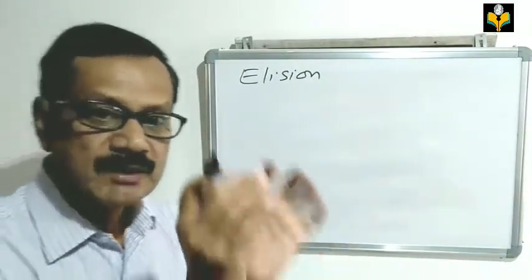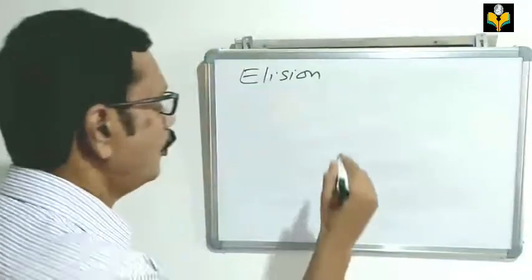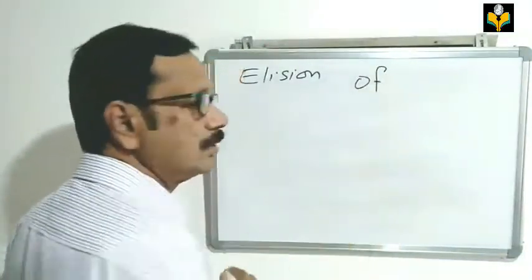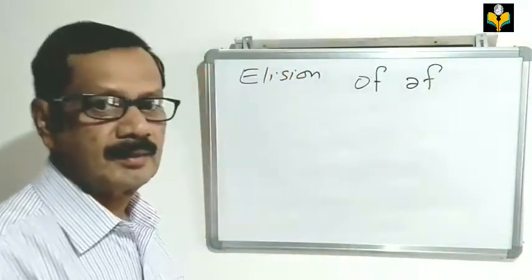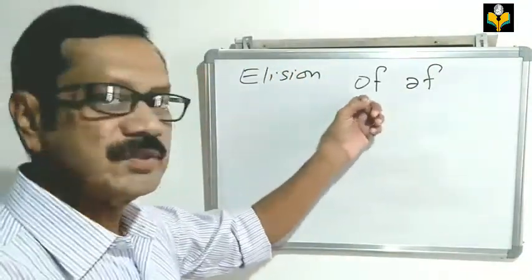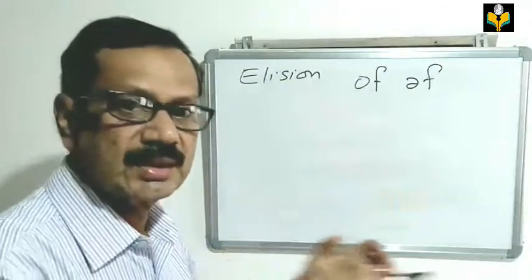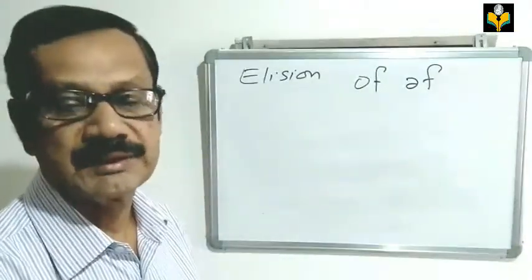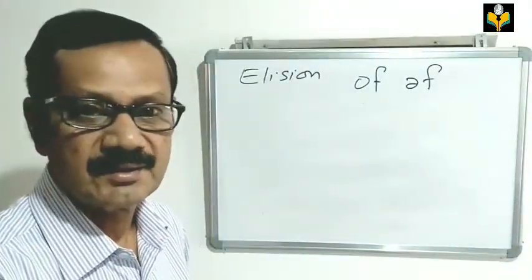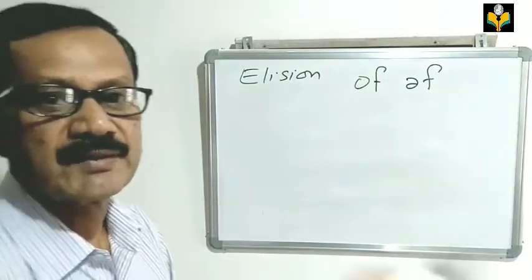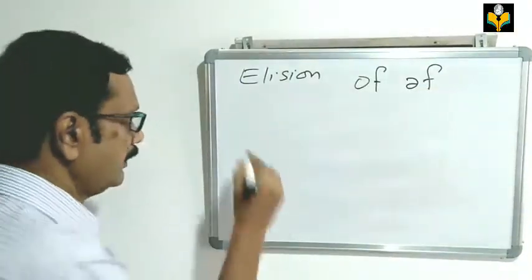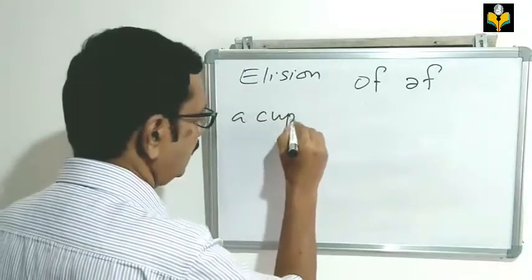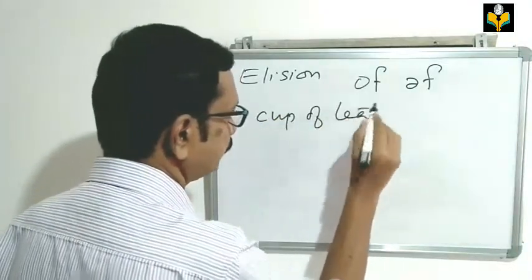When we pronounce the word alone, that is of, we pronounce it as v. But when it comes in connected speech, in a phrase or in a compound word, this sound is dropped. Look at this, a cup of tea.